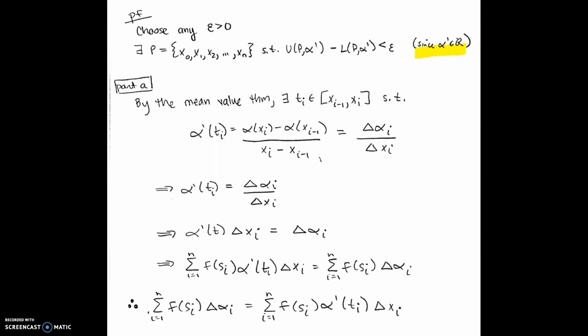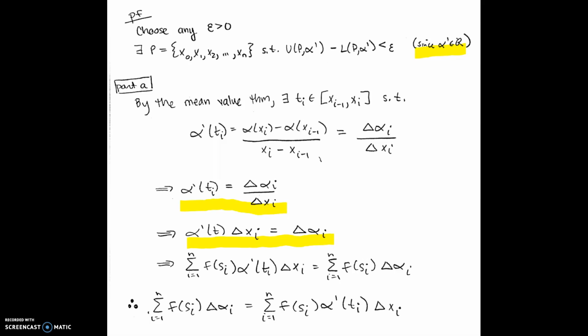And that's just the mean value theorem, right? So basically, alpha prime of ti equals the change in alpha i over the change in xi. You can multiply both sides by the change in xi, and you would get alpha prime of ti delta xi equals delta alpha i.